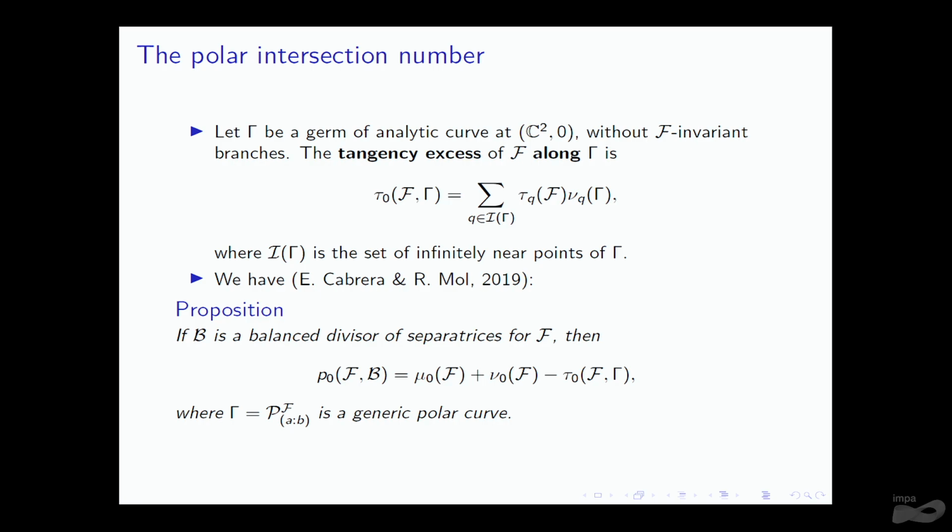In particular, this number is 0 if and only if the foliation is of second type. So for second type foliations, we have that the polar intersection equals the Milnor number plus the order, the algebraic multiplicity.